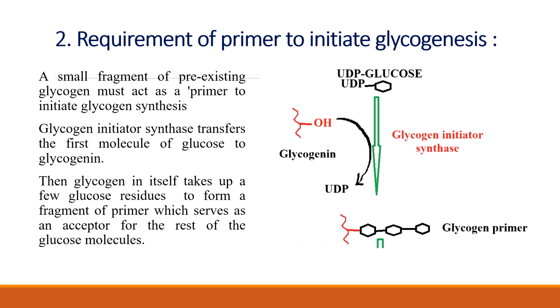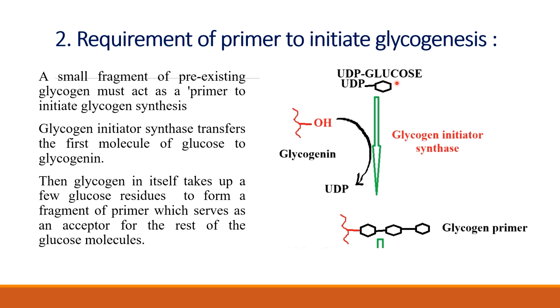The second step in glycogenesis is the requirement of a primer to initiate glycogenesis. So here you have a small fragment of already existing glycogen that must act as a primer to initiate the synthesis of glycogen. You have glycogen initiator synthase that transfers one molecule of glucose to glycogenin.